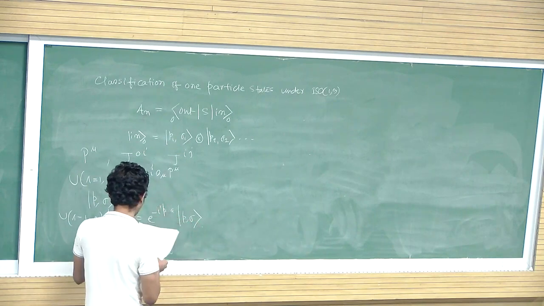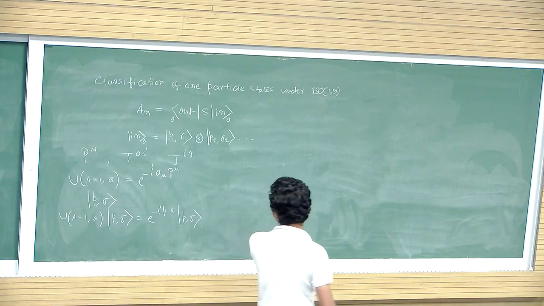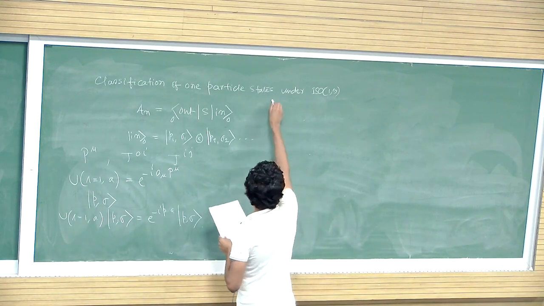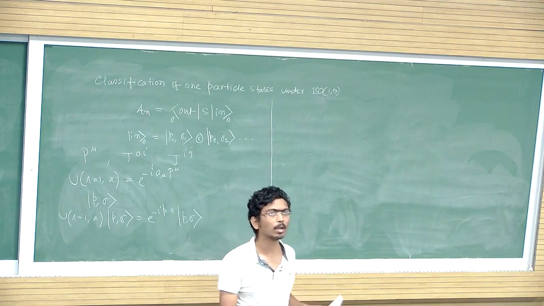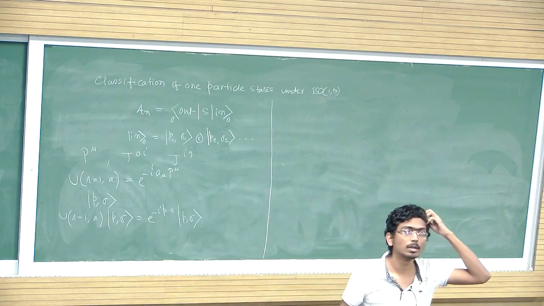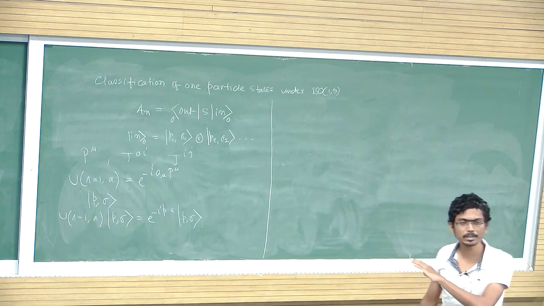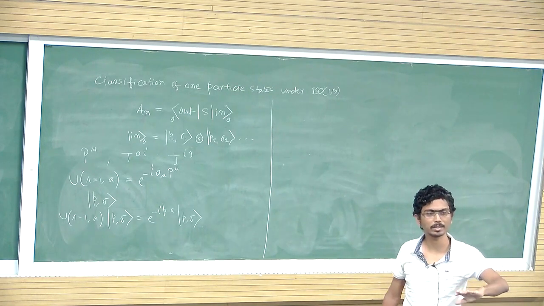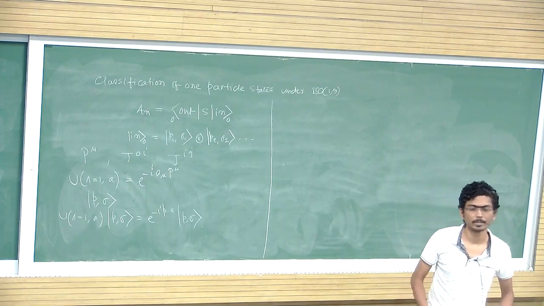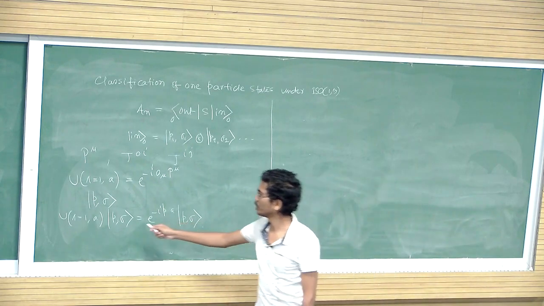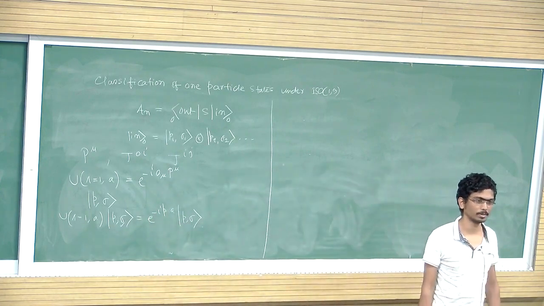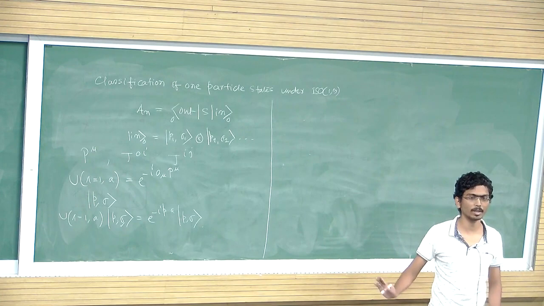Now suppose we want to study the Lorentz transformation properties of these one particle states. This is the theory of massless particles. It could be spin 1, spin 2, anything. This sigma label here. Scalars could also be there.